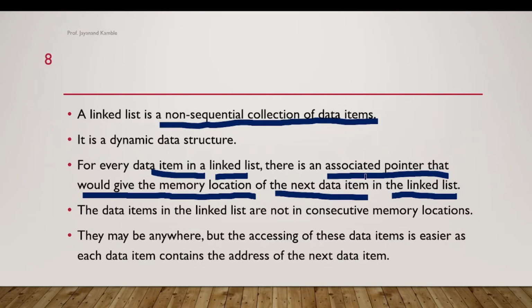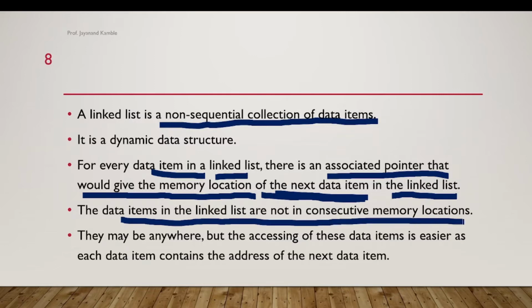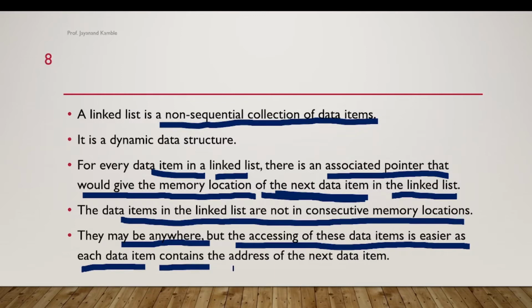It contains the address of the next data item in the list. The data items in the linked list are not at consecutive memory locations. I showed you the memory blocks. They are far apart from each other and may be anywhere, but accessing these data items is easier as each data item contains the address of the next data item.